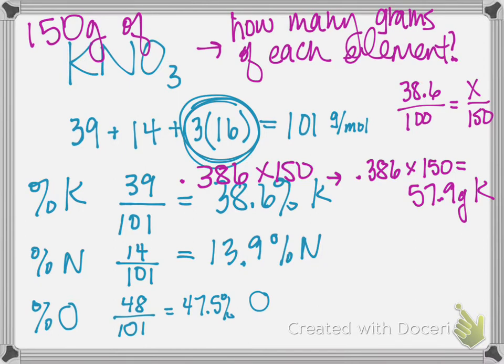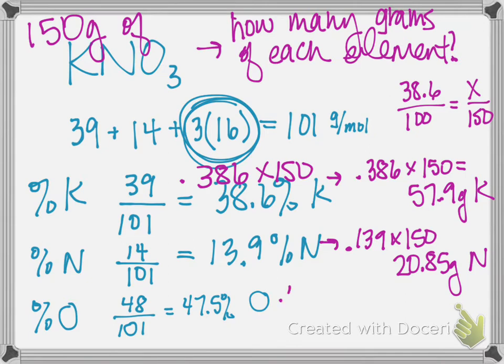Okay? So here I'm going to take 13.9%, which is 0.139 times 150. And I get 20.85, and that's grams of nitrogen.